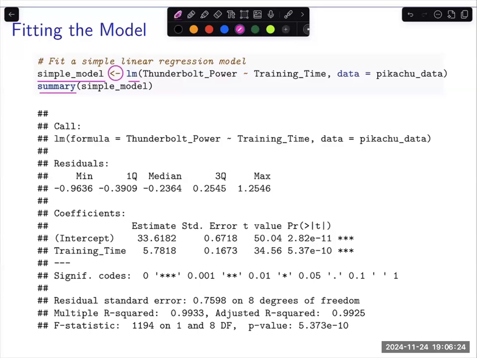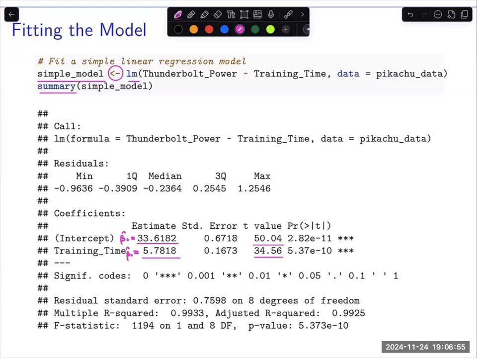And from the output, we find that the estimation for the intercept, or beta 0, is equal to 33.61. So this is our beta 0 hat. And the beta 1 hat is equal to 5.7818. And the corresponding t statistic values are equal to 50.04 and 34.56.